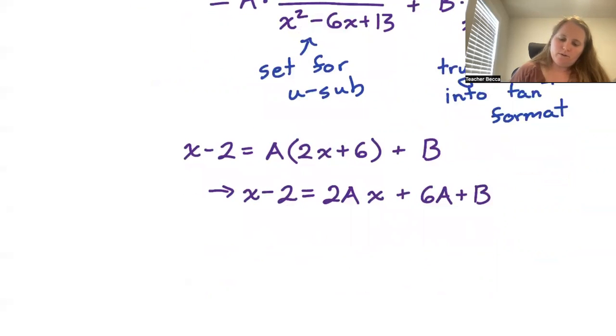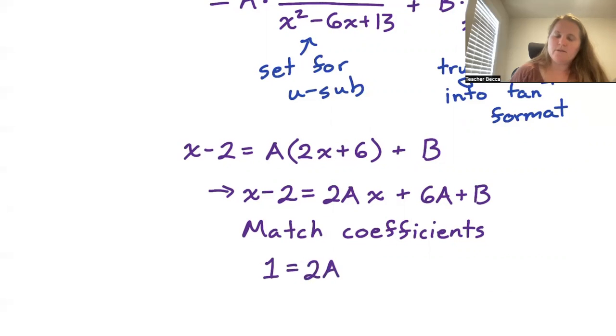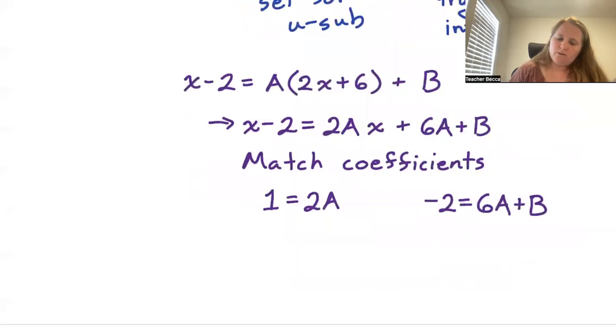If we match coefficients, 1 should be equal to 2a, since the coefficient in front of x is 1, and negative 2 should be equal to 6a plus b. 1 equaling 2a means a is equal to 1/2.